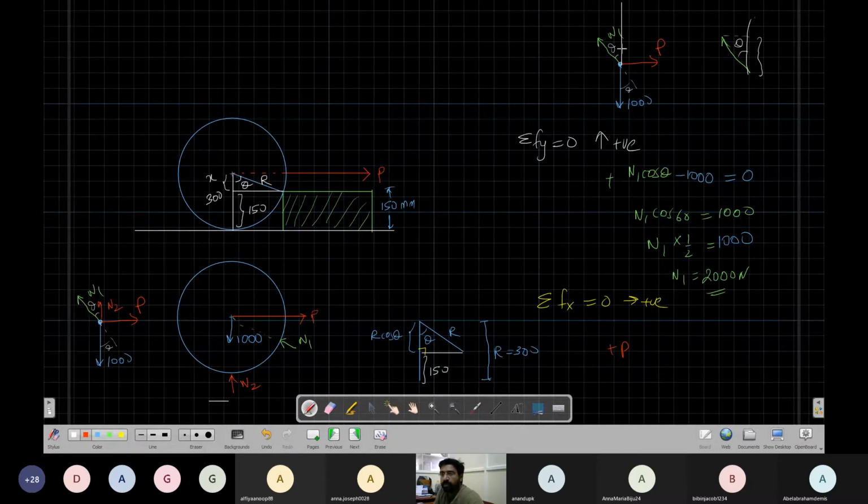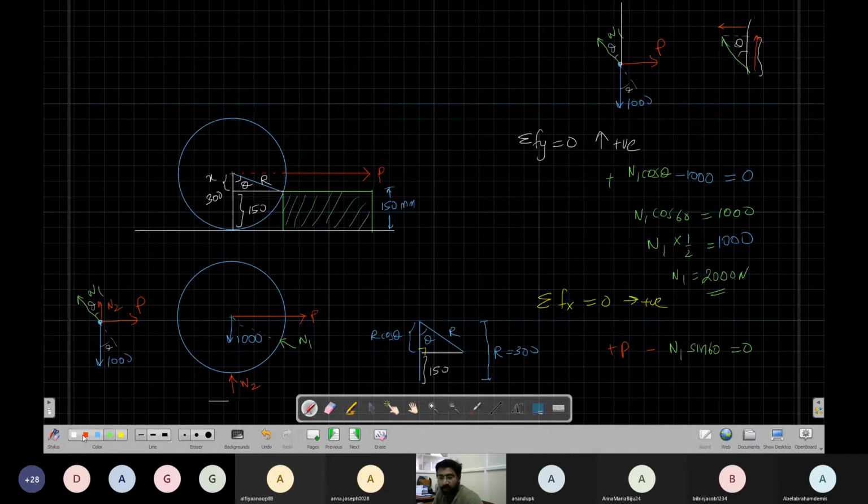Then this N1 also has a horizontal component, that is N1 sine theta. This is in the minus direction. So P minus N1 sine 60 should be equal to 0.